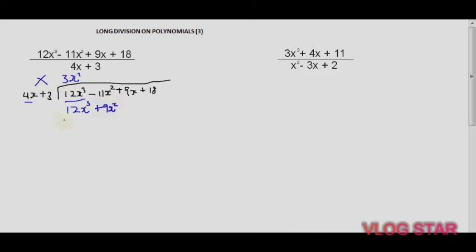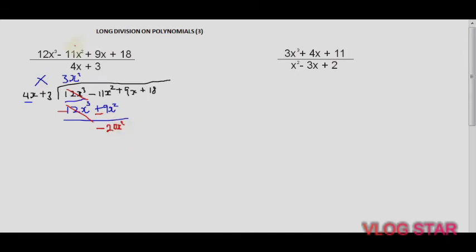So from here we'll subtract. Now once we're subtracting like this, 12x cubed cancels 12x cubed, right? So this minus over here changes this plus over here to minus. Now minus 11x squared minus 9x squared, minus 11 minus 9 is going to give us minus 20x squared.